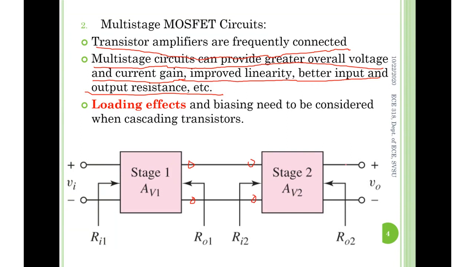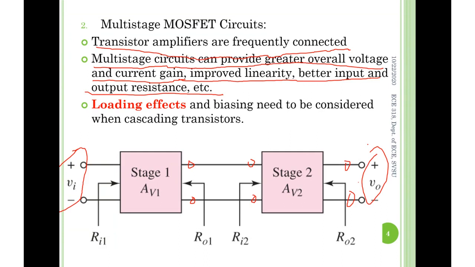And then the total output is V0 here. So what is the total gain of this connection? It is the total output over this input, right? Stage 2's output over the stage 1 input is the total gain.